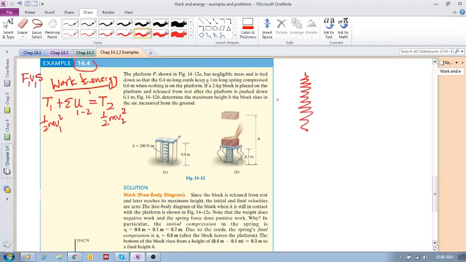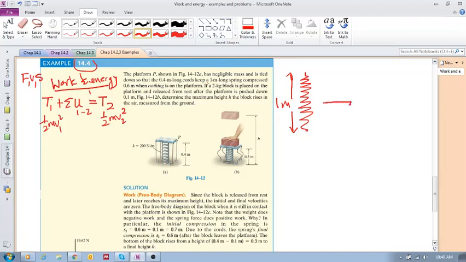So the spring in its unstretched length is 1 meter if you just leave it, but it's compressed 0.6 meters. Okay, so let's redraw this. So here, let's say it's compressed 0.6 meters.